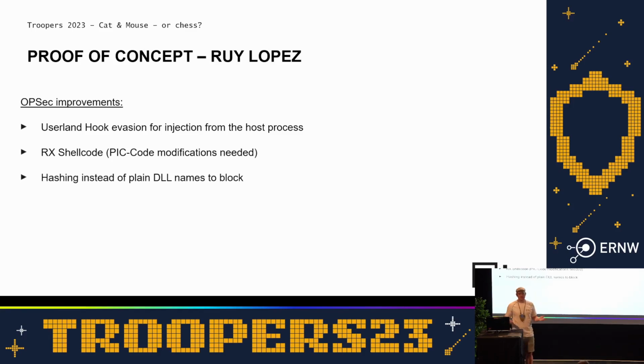You could use, for example, API hashing instead of plain DLL names, because in this case, the string amsi.dll appears in the shellcode. If you take a look at the shellcode, you will see the string amsi.dll somewhere in it. If you block EDR DLLs, you will see this string. But if you use API hashing instead, for example, or hashes of these names, then these will not appear somewhere in the shellcode, and they cannot hunt for it, they cannot build signatures for it.